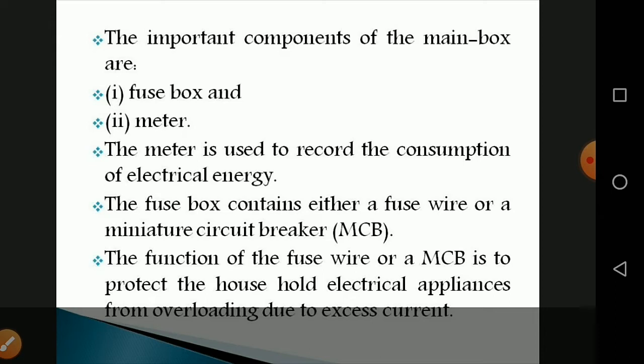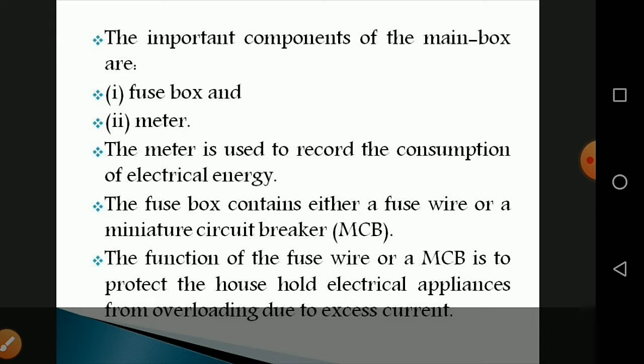The meter is used to record the consumption of electrical energy. The fuse box contains either a fuse wire or a miniature circuit breaker, that means MCB. The function of the fuse wire or MCB is to protect the household electrical appliances from overloading due to excess current.